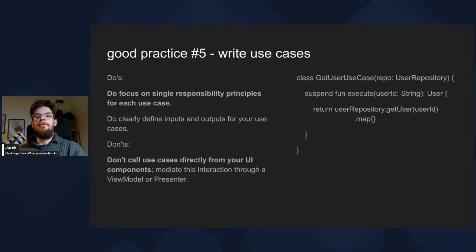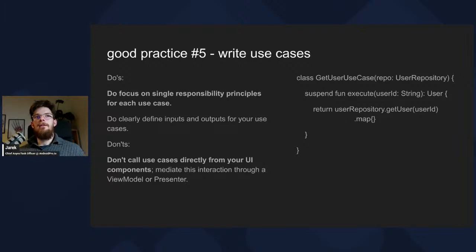The other thing is connected to this thing with Kotlin specific modules, no Android modules. So writing use cases. And I believe we should write for consistency even use cases when we are just calling the repository.